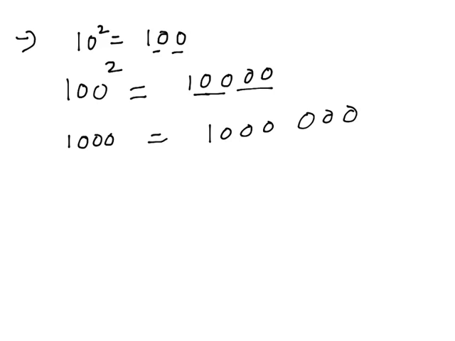So the square of a number that ends with 0 always has an even number of zeros at the end.